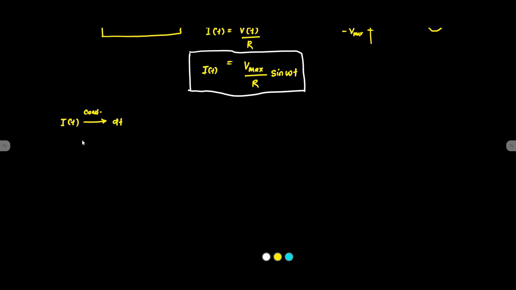Then the small amount of charge dq which is transferred during that time duration will be equal to I(t) dt. Why? Because current is equal to rate of flow of charge, that implies q is equal to It. So the small amount of charge transferred in duration dt is equal to I(t) dt.